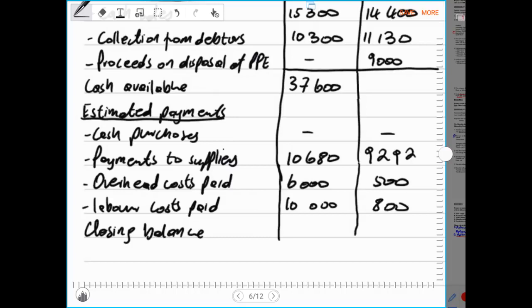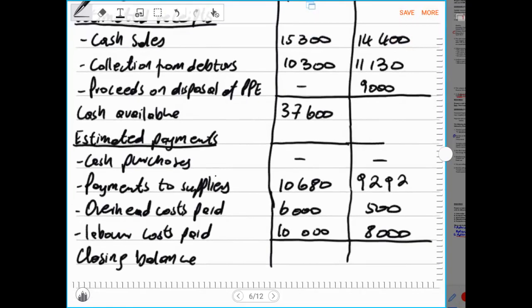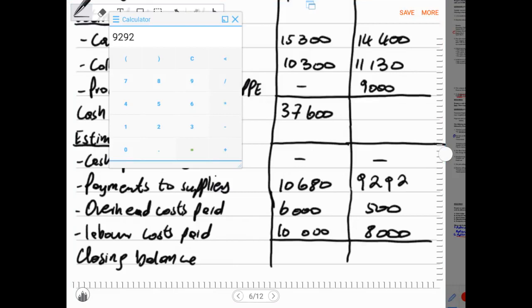Then from there now we can calculate the total. Then we see how much the balance at the end. Our estimated payments, it will be 10,680 plus 6,000 plus 10,000.